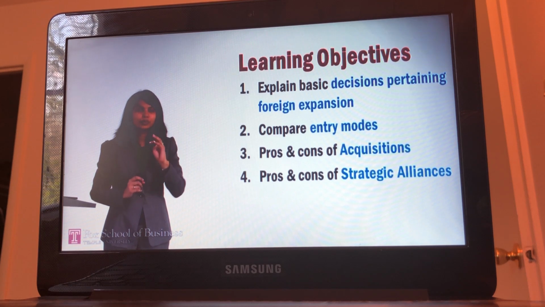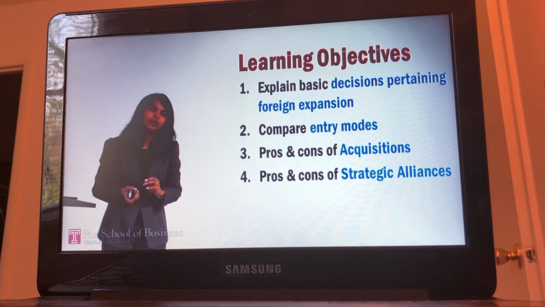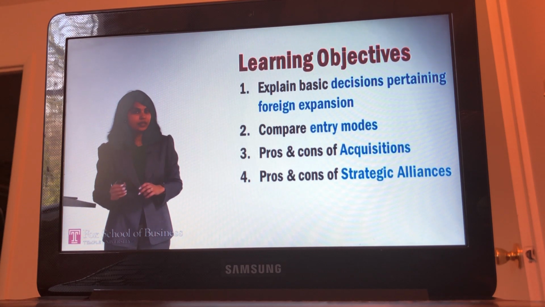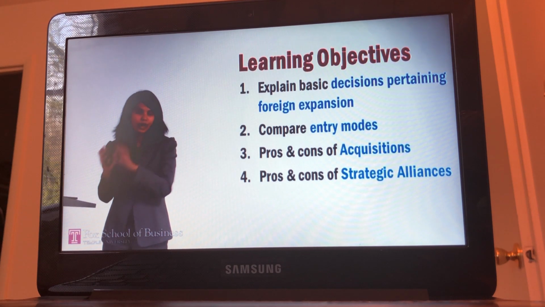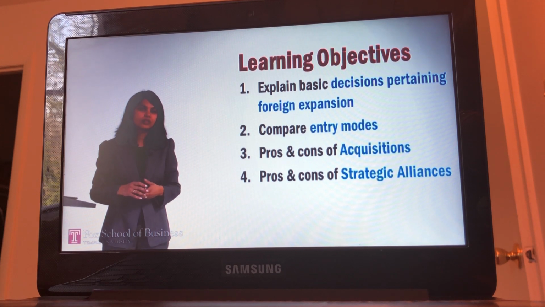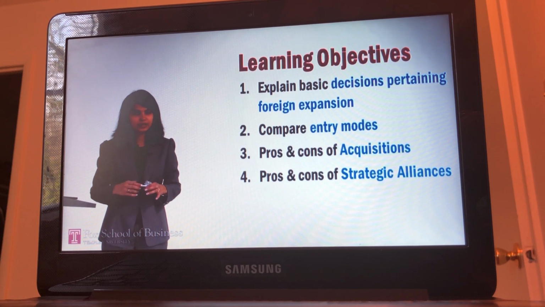I need to look at when I should make that investment, and also at which entry mode would be most optimum for me to enter that market. We also specifically compared greenfield ventures with acquisitions and discussed the pros and cons of these two strategies. And later on we also discussed the advantages and disadvantages of using strategic alliances.